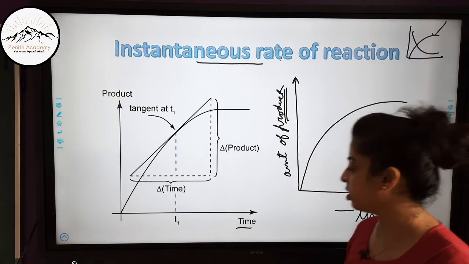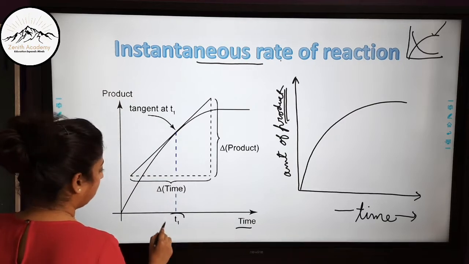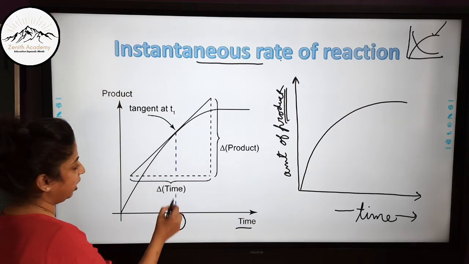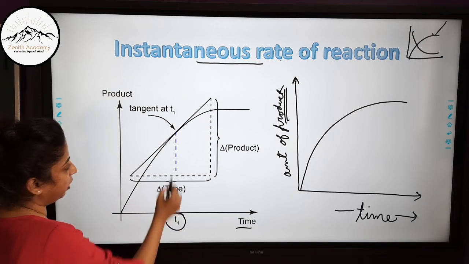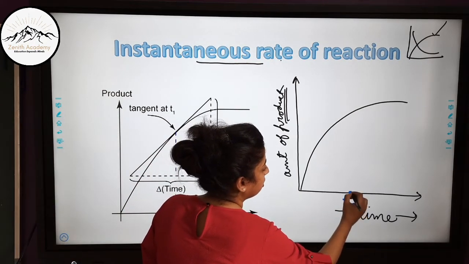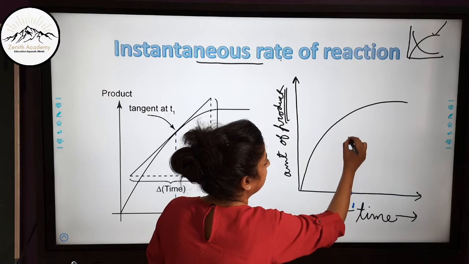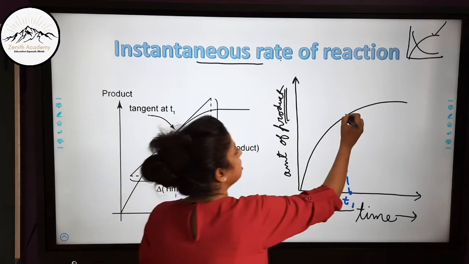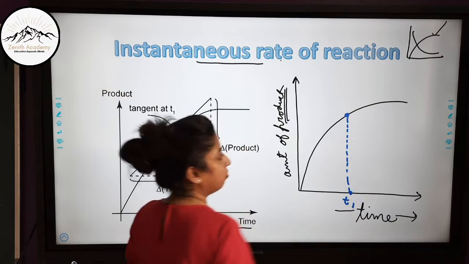Here, this is time t1. At time t1, we will take a vertical line from t1 up to our graph. Now this is the point that I have got.